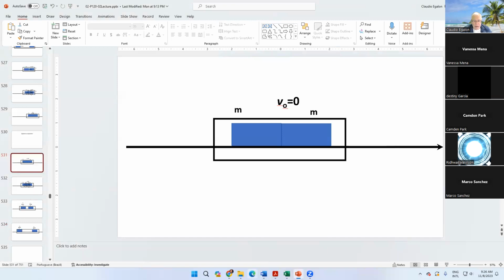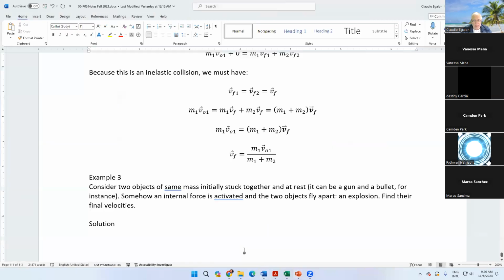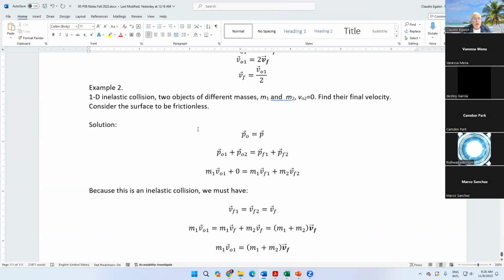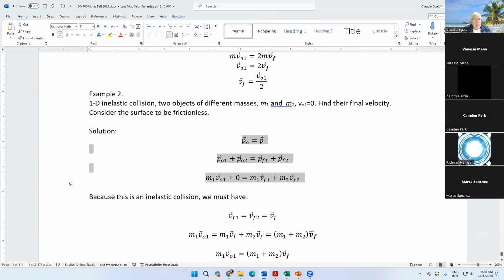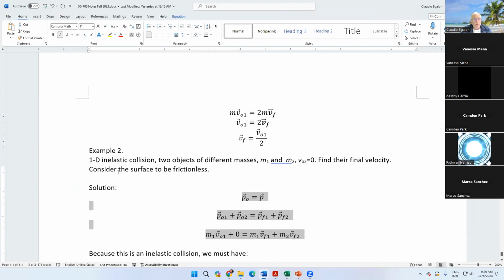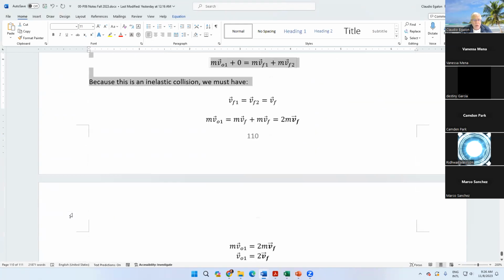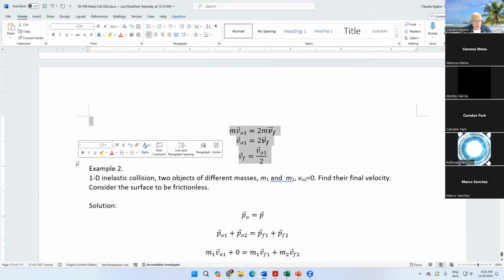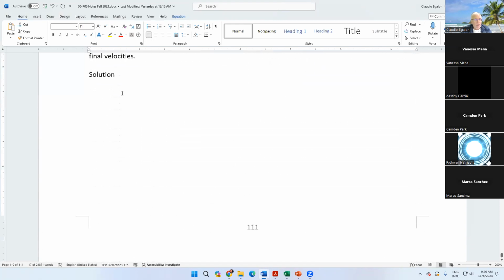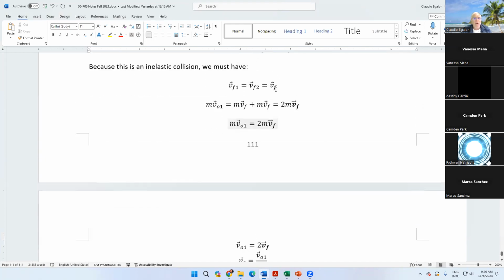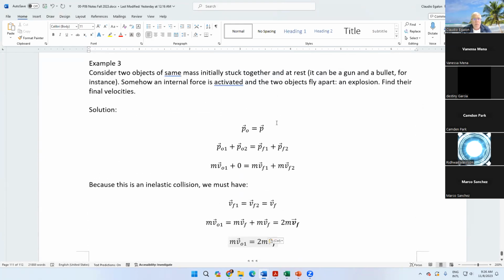The initial momentum in this case is going to be 0 because they are both at rest. Here you go. The initial momentum must be equal to the final momentum, right? Just like before, the initial momentum must be equal to the final momentum.